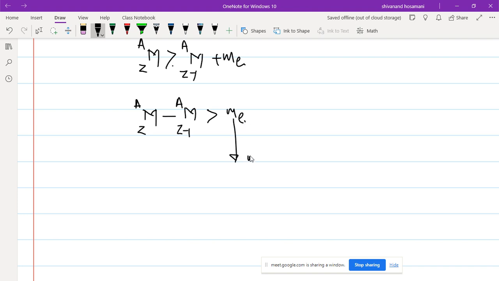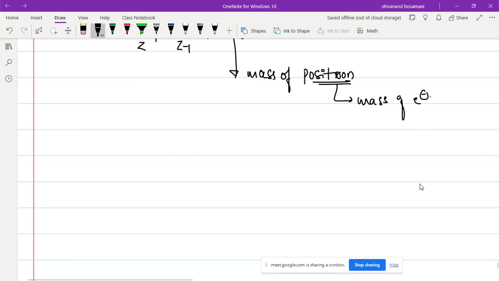Especially this mass of the electron means the mass of the positron. So nothing is different. It's only that it's a positive electron. Its mass is equal to the mass of the electron only, right?